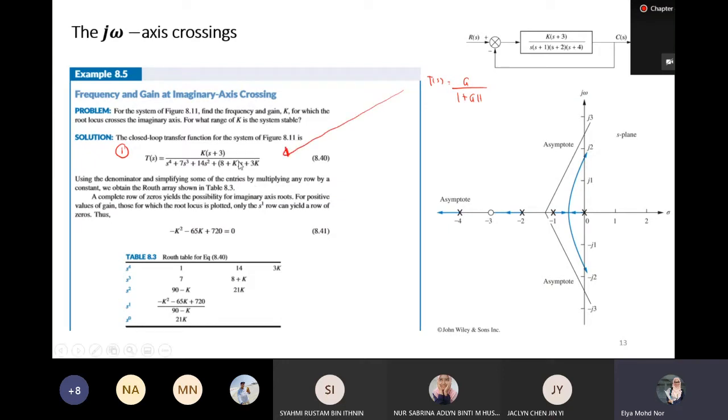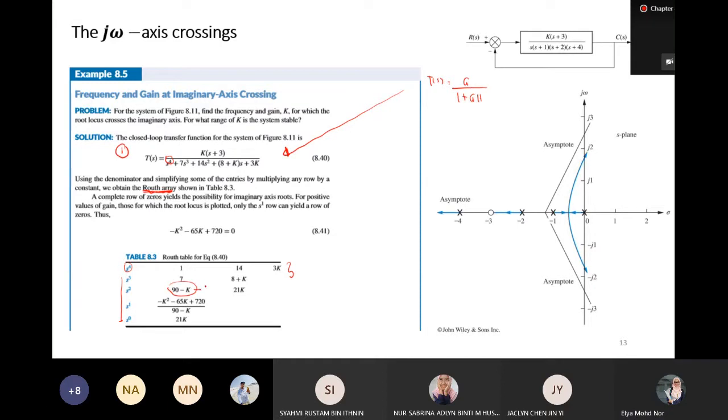Once you get this, we use the Routh-Hurwitz that we learned in chapter 6, because Routh-Hurwitz is to find the stability. So using the Routh-Hurwitz, we are able to come up with tables. In this case, it is s to the power of 4, so we start with s4 and then move down to s to the power of 0. Then we put in the values 1, 7, 14, 8 plus K and 3K. And then we find the determinant here.